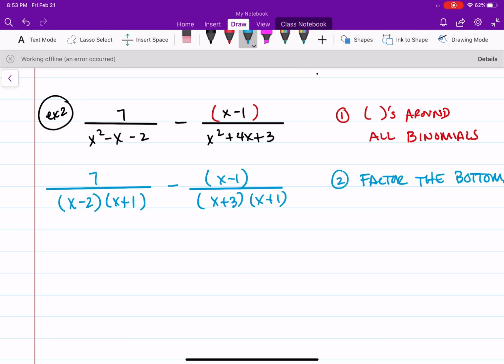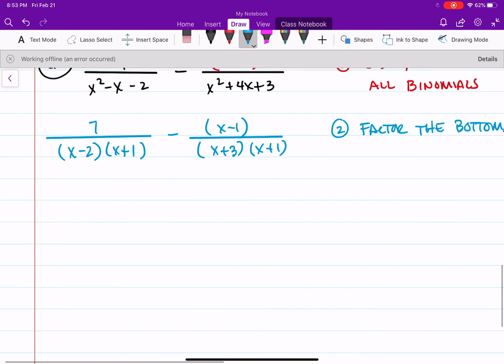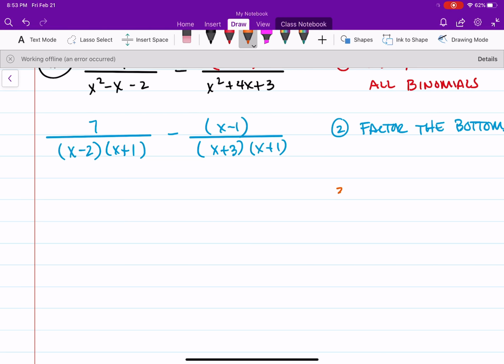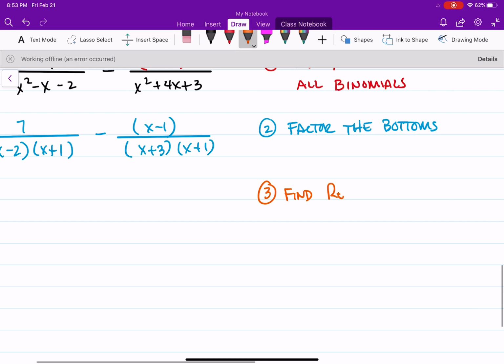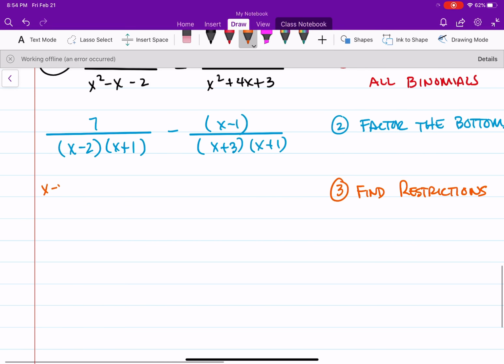Awesome. So that's done. And what color did I use for step 3? Orange. So step 3 was to find restrictions. So that means I got x minus 2 equals 0, x plus 1 equals 0, x plus 3 equals 0, x plus 1 equals 0.